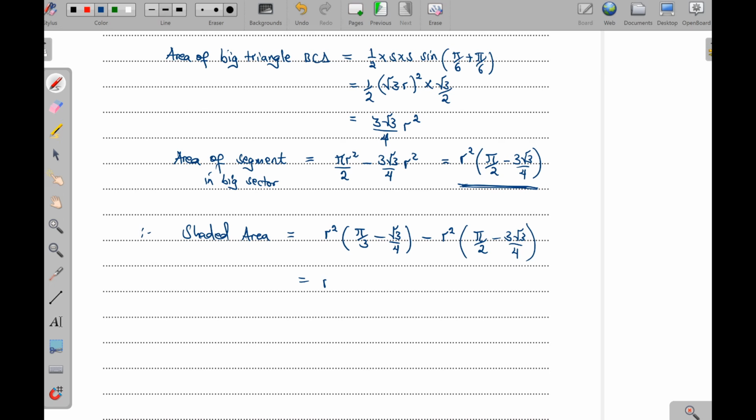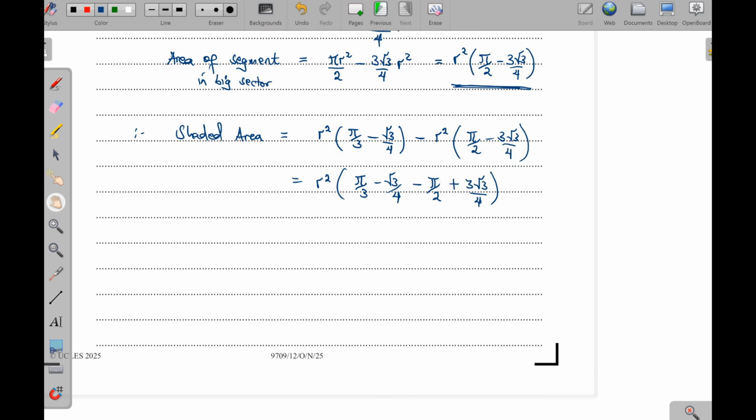Now pull out the r squared, then we have pi over 3 minus root 3 over 4, and then minus pi over 2, and then plus, because the minus affects the minus here, 3 root 3 over 4. Now we simplify this.